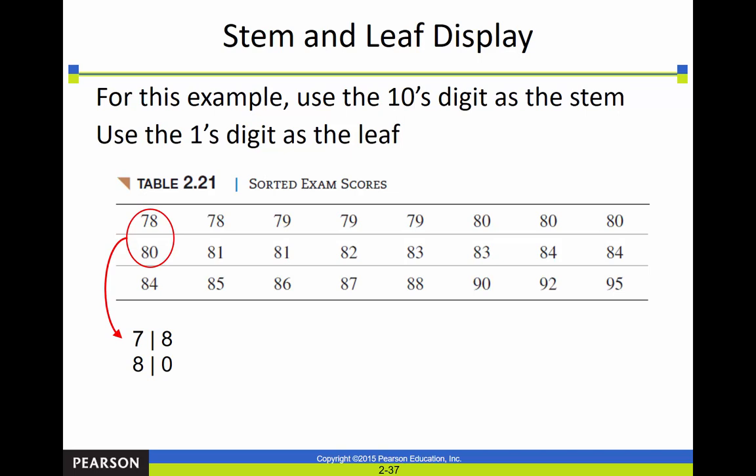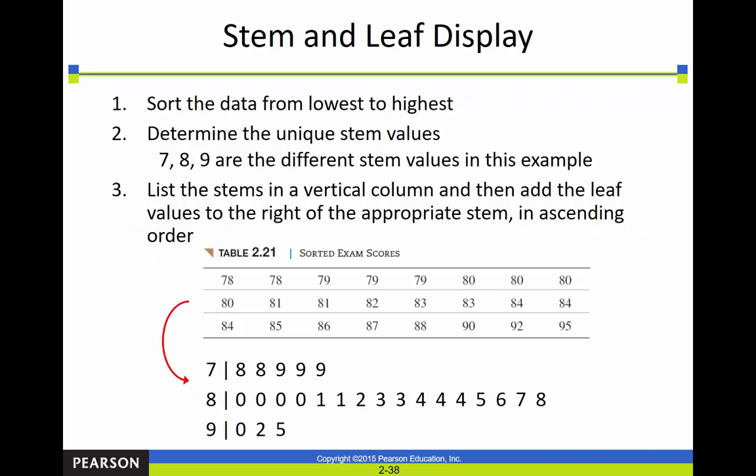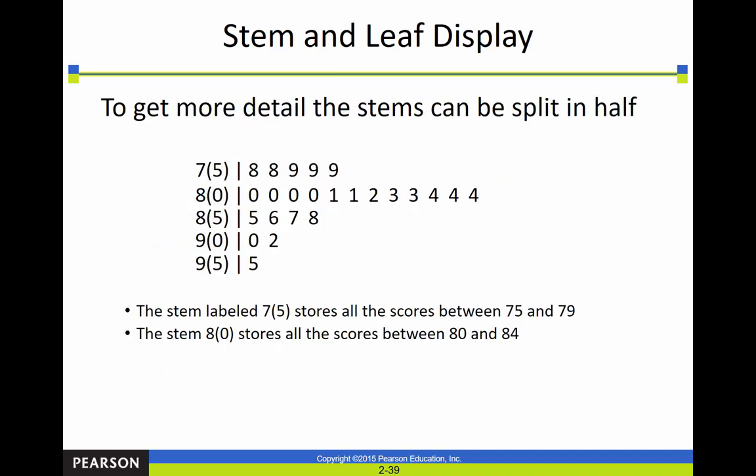That gives you a summary at the end of all the data. So we know we would have 78 twice, 79 3 times, 80 4 times, 81 2 times, 82 1 time, etc. It just gathers the information and lists it by tens. You can also have a more detailed stem and leaf display that does it by fives.